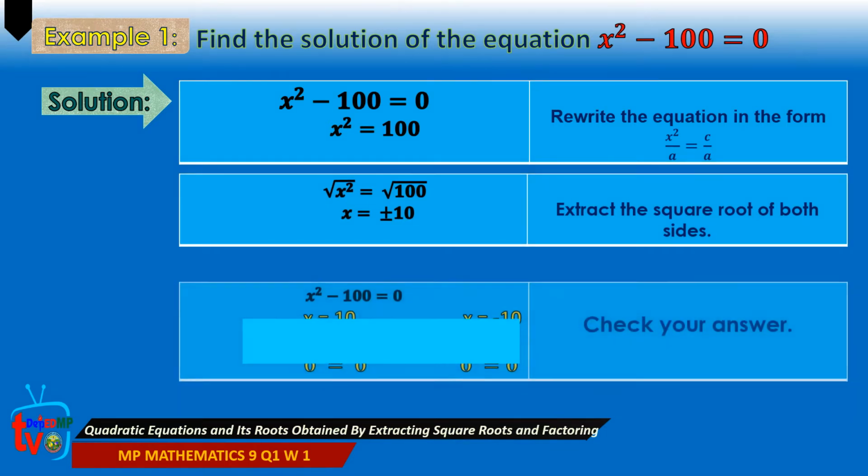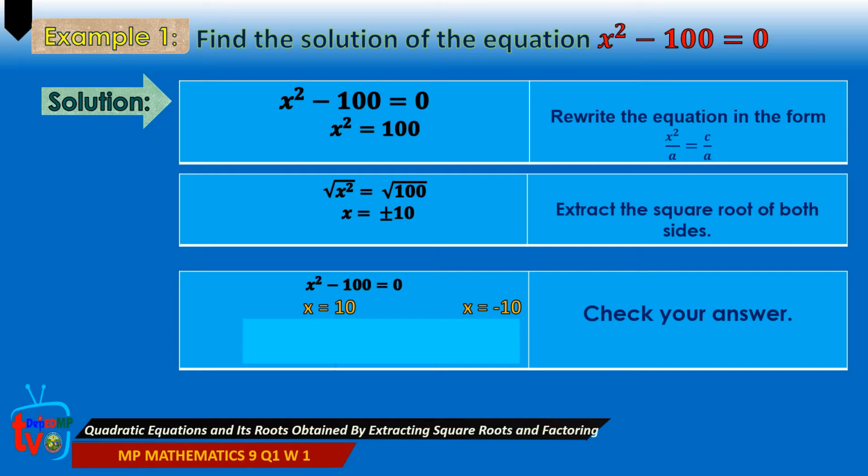Now we are going to check if our solutions are correct. To check, we go back to the original equation x squared minus 100 is equal to 0, and then we substitute the values of x with 10 and negative 10. So for positive 10, we have 10 squared minus 100 is equal to 0.